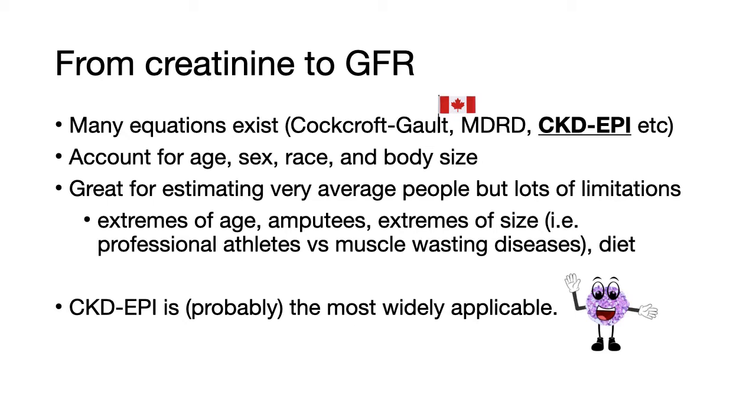One of the earliest measures was created by 2 Canadian physicians, Dr. Cockcroft and Dr. Gault, and it was the standard for eGFR calculations for many years. This simply used a person's age, weight, and sex, but as you can imagine had a lot of limitations. The equation now recommended by KDIGO is the CKD-EPI equation. However, none of these equations are great for estimating extremes such as bodybuilders, amputees, or extremes of age.